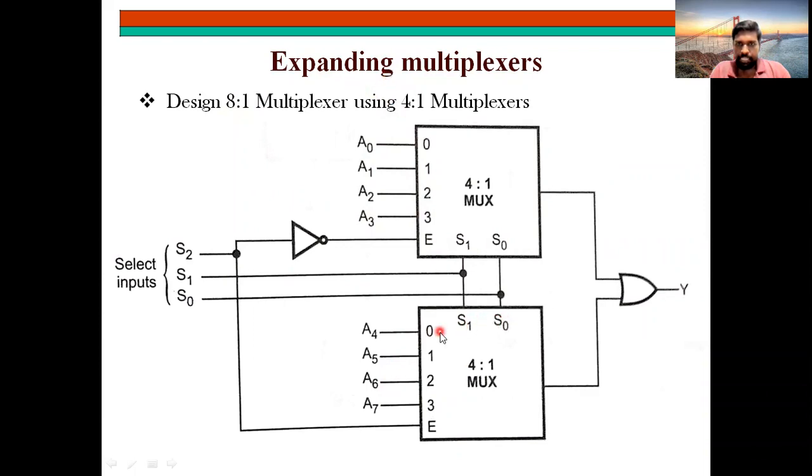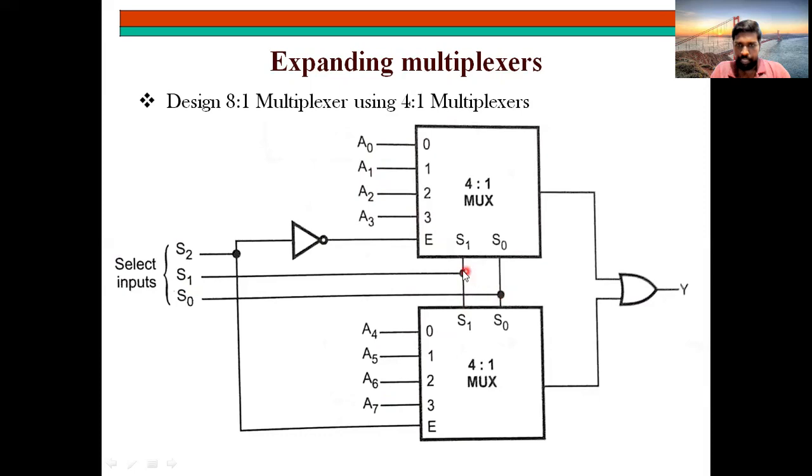So how I will cascade means, I will combine this S1 and this S1, and this S0 and this S0, and I will tie them and take them as common S0, common S1. Whenever we are tying, these will be in adding position.